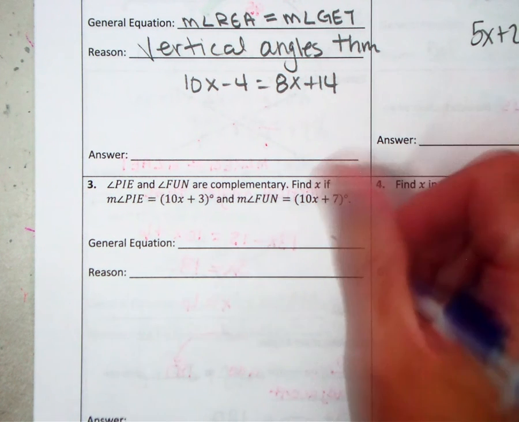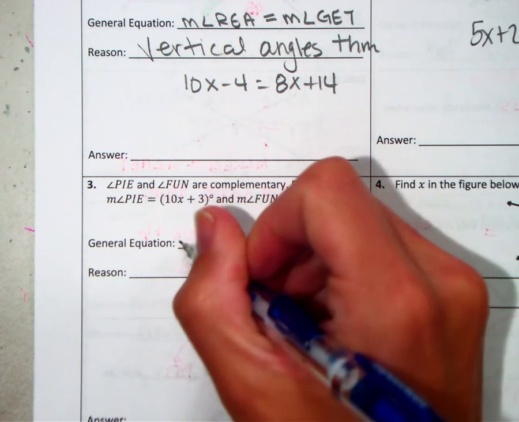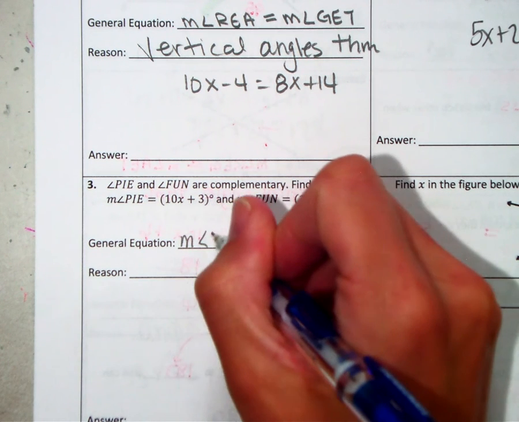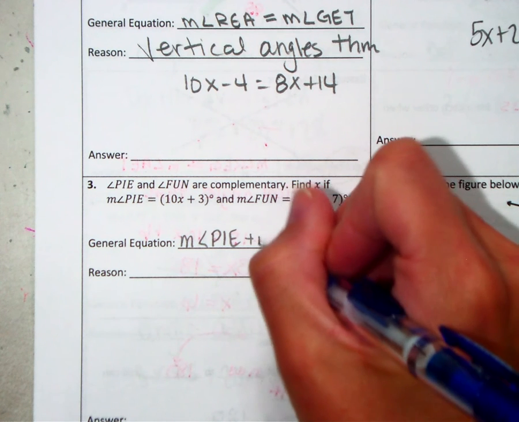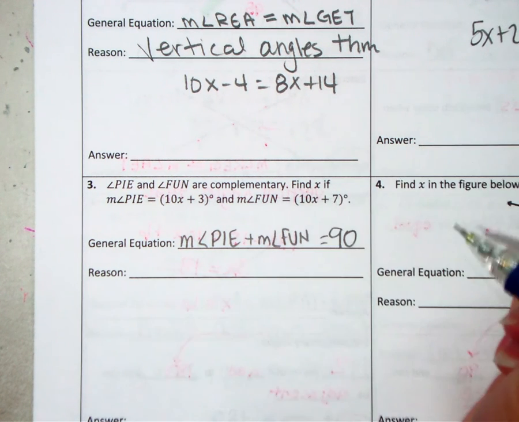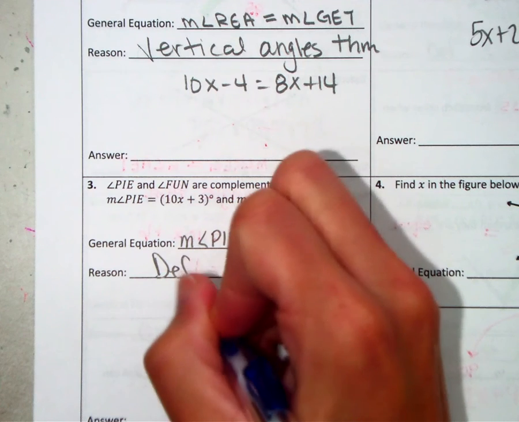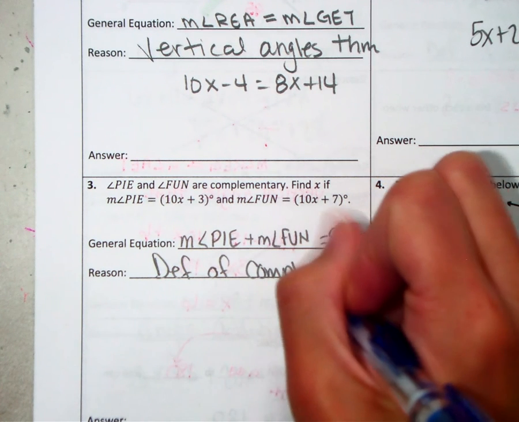Complementary is going to look just like the last one, except it's going to be 90 instead of 180. So the measure of angle PIE, oh, isn't that fun, plus the measure of angle FUN is 90. That's the definition of complementary.